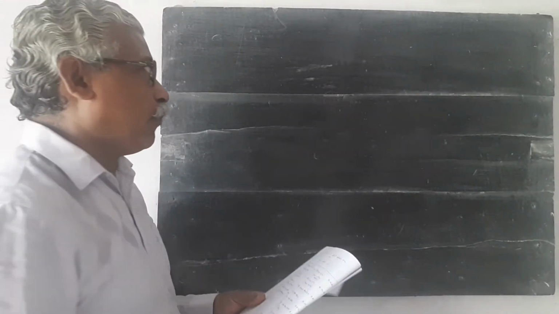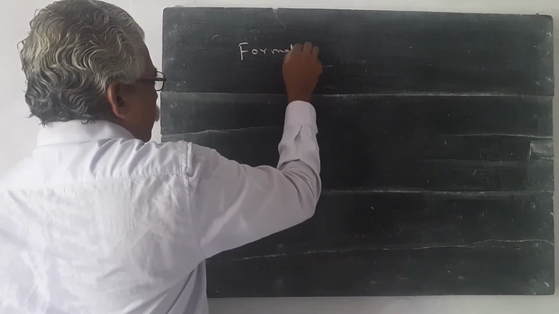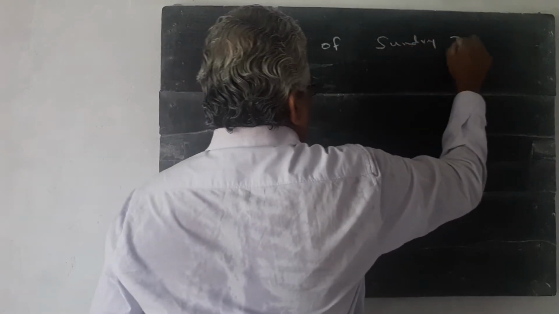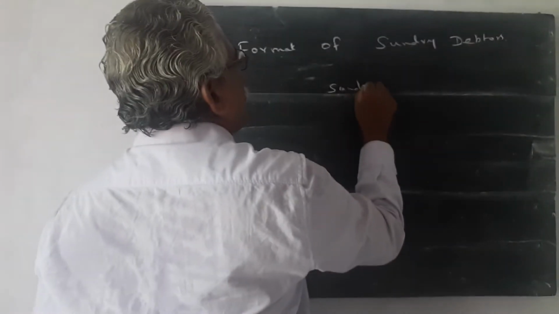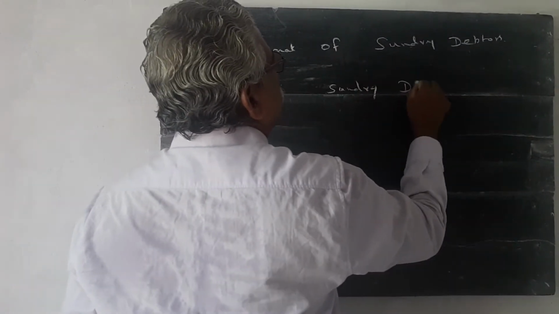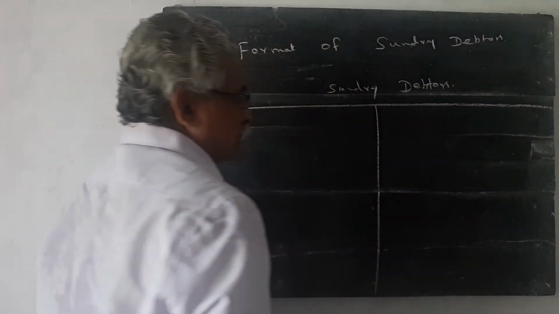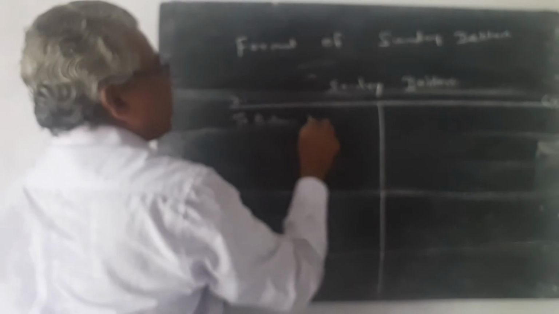So I just explained the format of sundry debtors account. The account consists of two sides. Left hand side is debit side, right hand side is credit side. In the debtors account, the opening balance is entered first: to balance brought down.